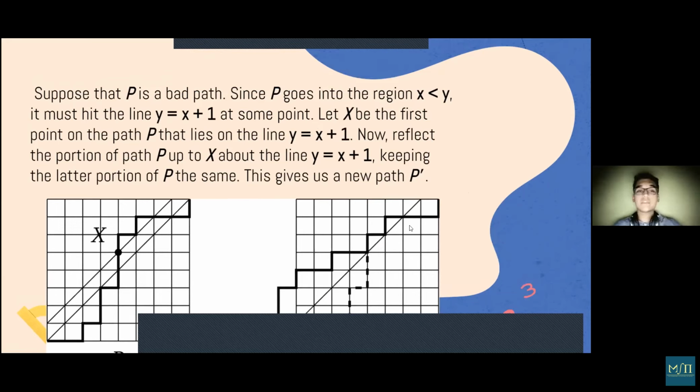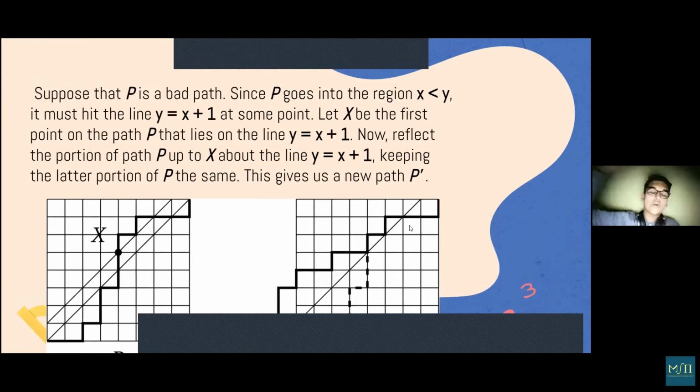All right. Let us assume that there exists a particular path, P, which is a bad path. That is to mean it does not stay in the region x greater than or equal to y. It moves out of that region.